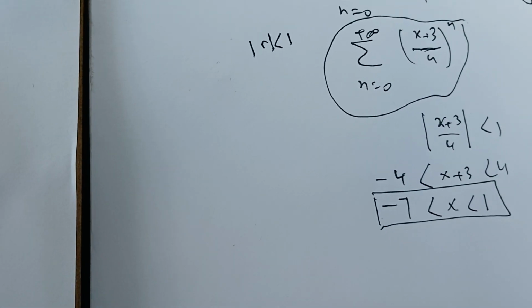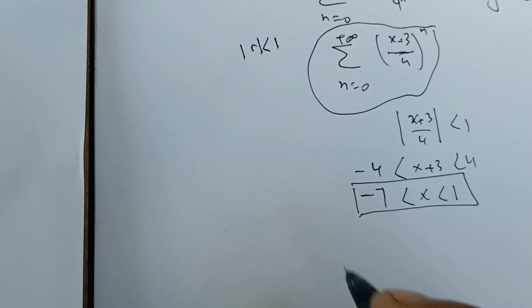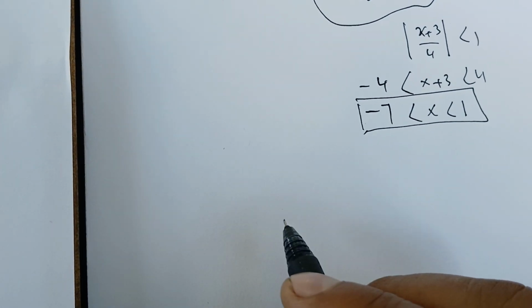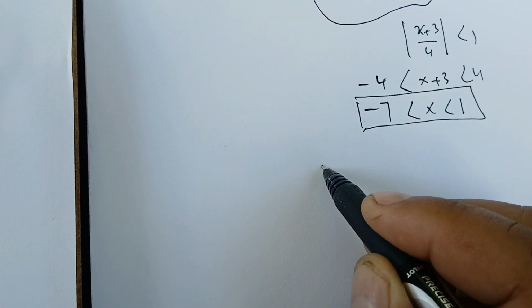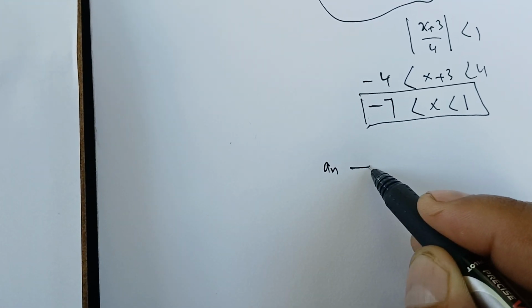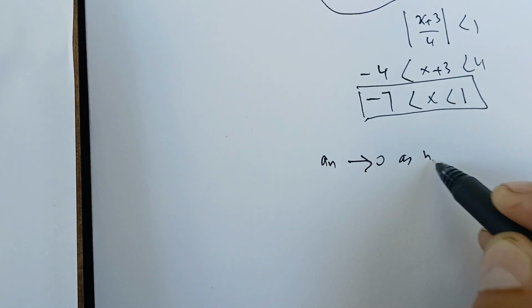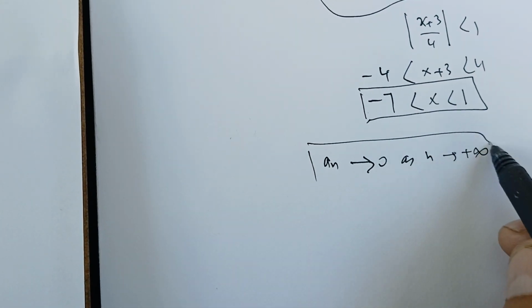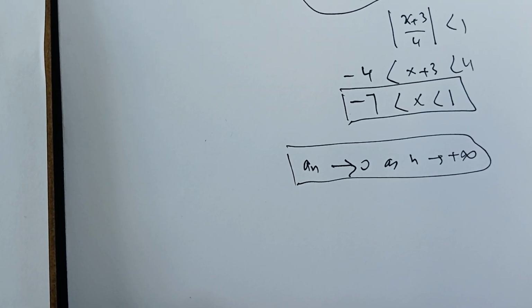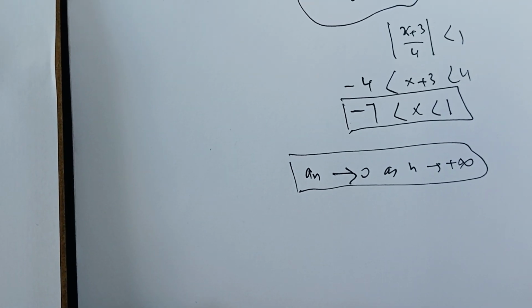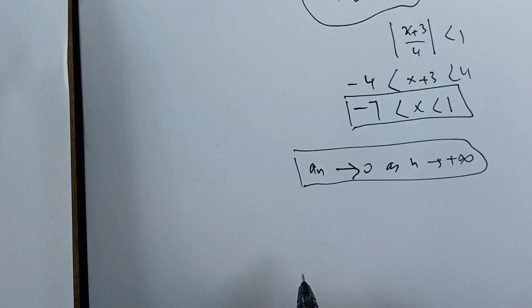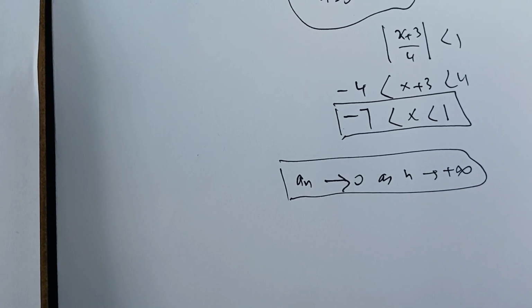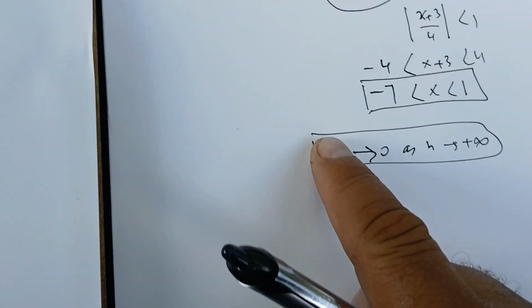Another thing we can use to check: if we assume that some series is convergent, that means the general term a_n goes to 0 as n goes to infinity. We can use this as a criterion, but not all the time, because this is not a sufficient condition.